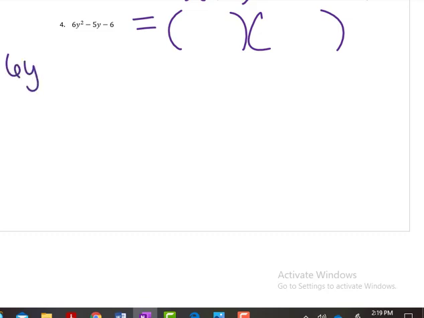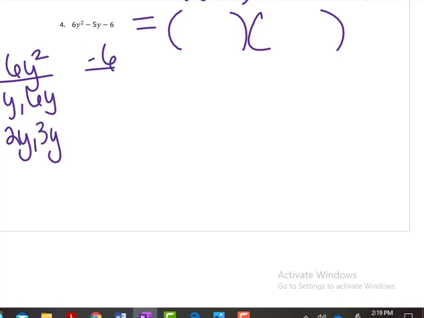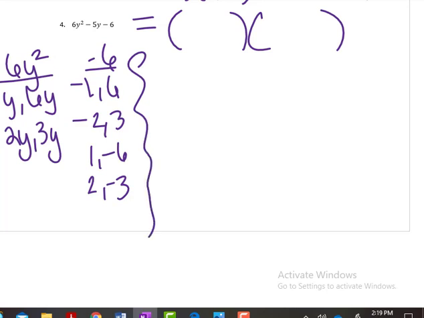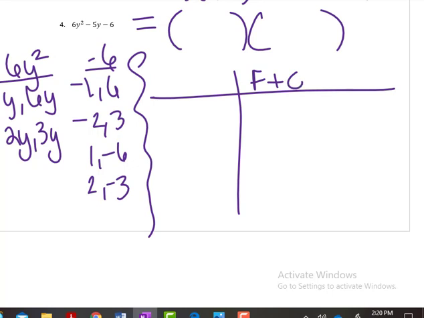When I look at 6y squared, my options are y and 6y, or 2y and 3y. When I look at negative 6, I have 1 and negative 6, negative 1 and 6, negative 2 and 3, and 2 and negative 3. All right, so we're going to go through F plus O plus I plus L.